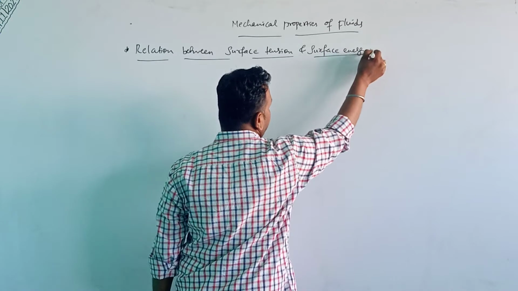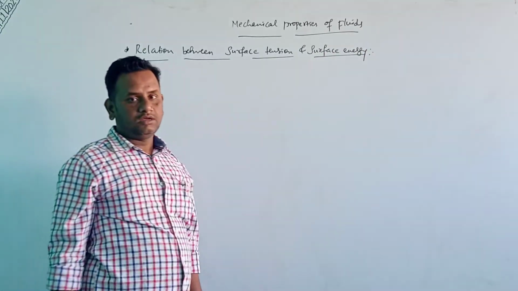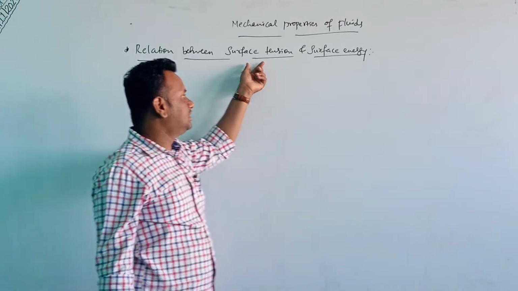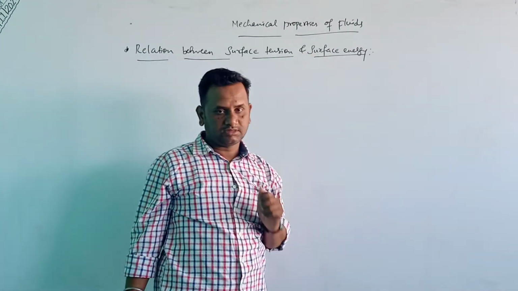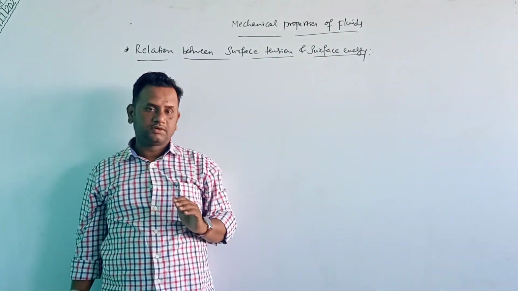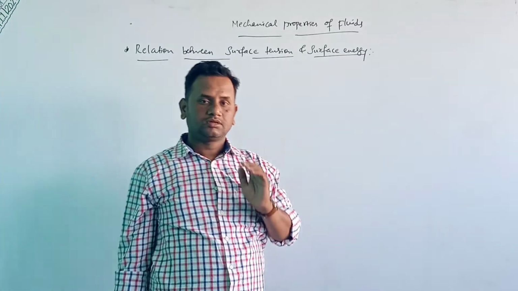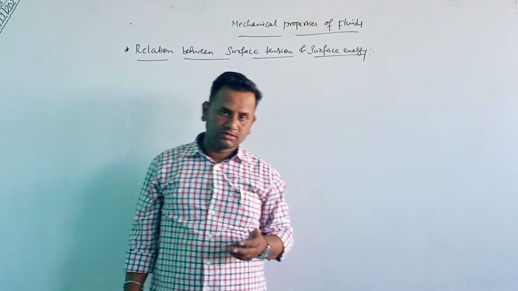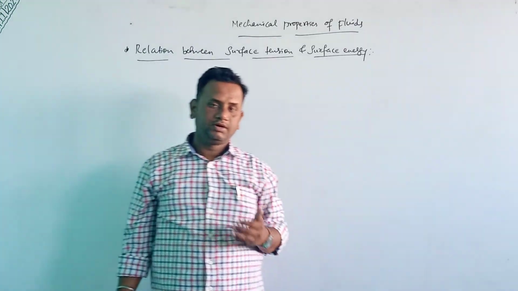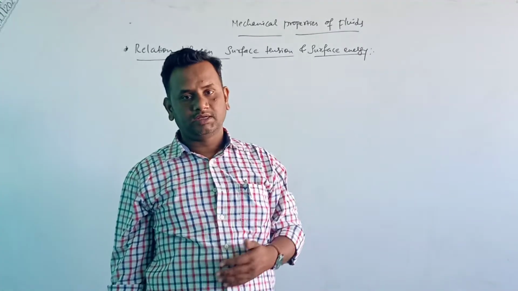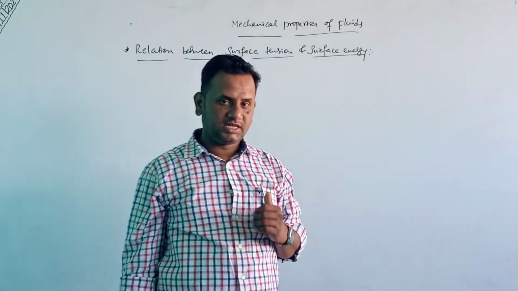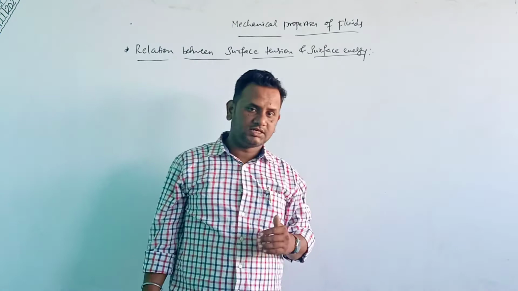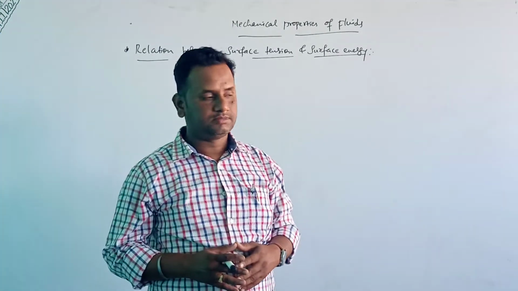As in the last class, I said the definition of surface tension and surface energy. Surface tension is a property of a liquid by virtue of which the liquid tends to occupy a minimum surface area and it behaves as a stretched membrane.